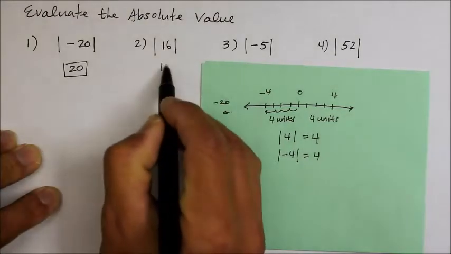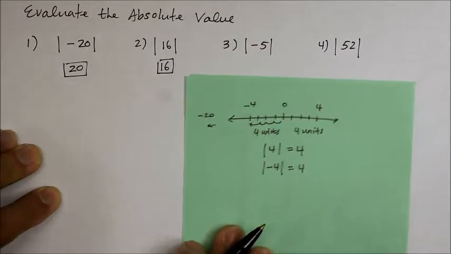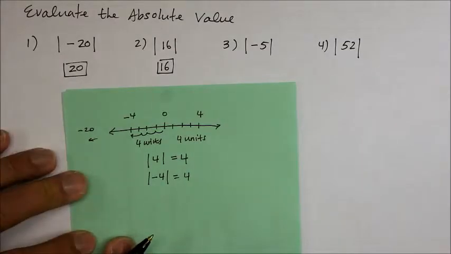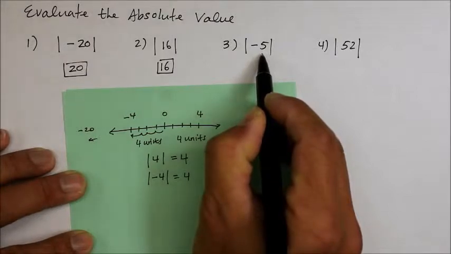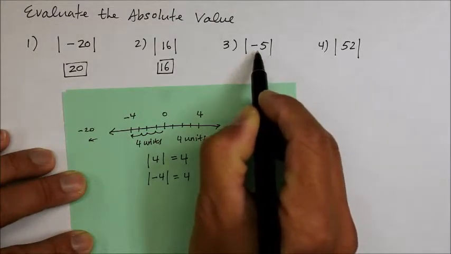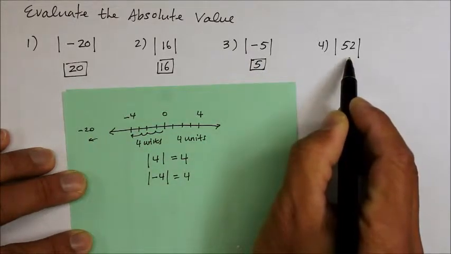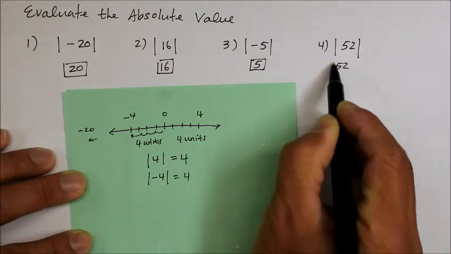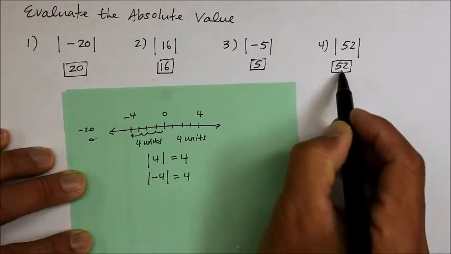You'll say, that's just 16. Now you truly understand why the absolute value of negative 5 is in fact just 5. It means 5 units away from the 0, you will find negative 5. And the absolute value of 52 is just 52 units away from the origin, the 0. That's all there is to it.